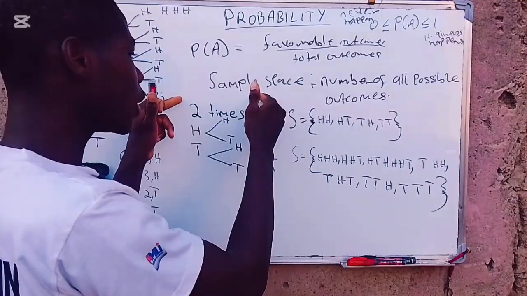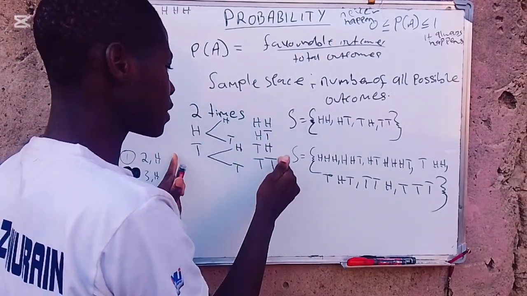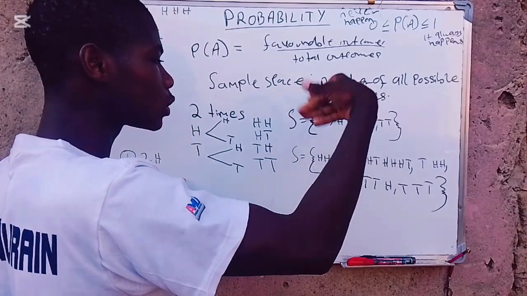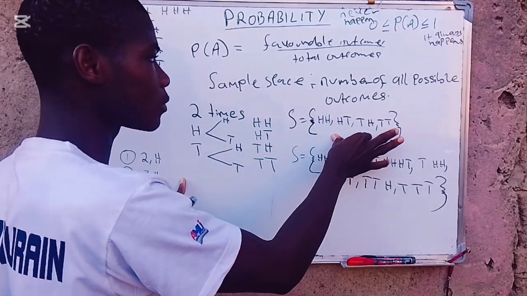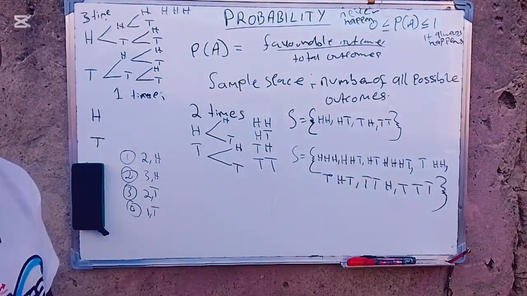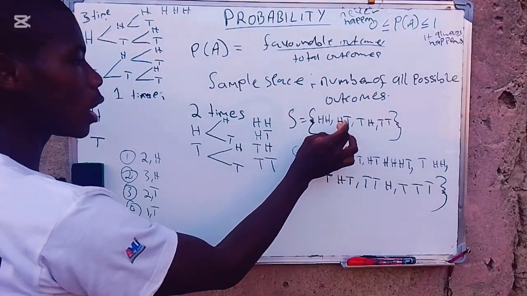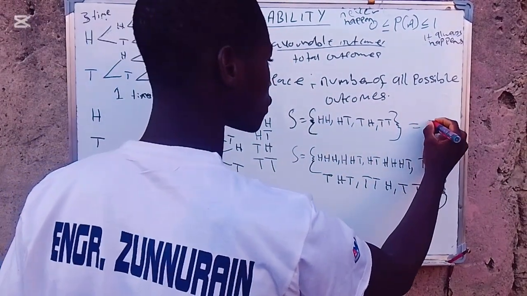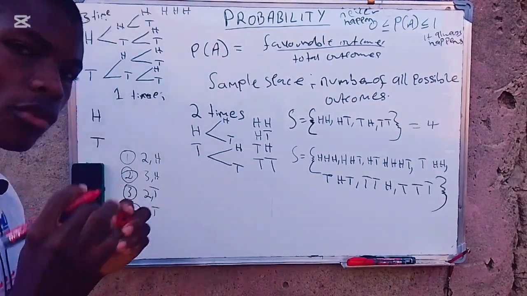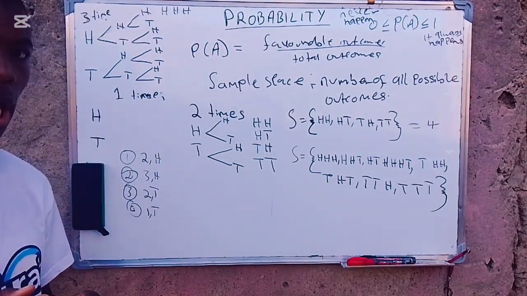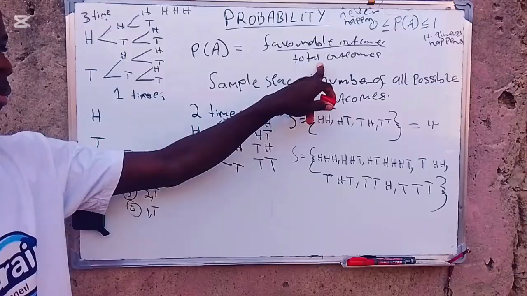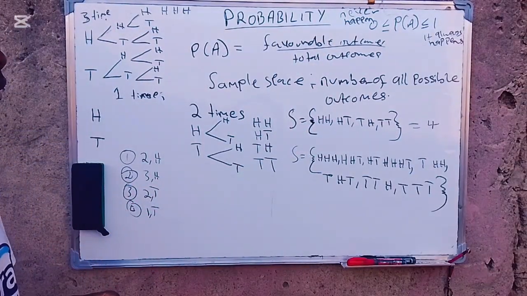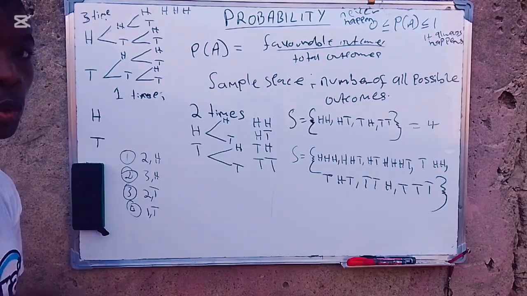Then you pick your total outcomes, all the possible outcomes that you have. I have 1, 2, 3, 4. So my sample space is 4. The total outcomes in flipping a coin 2 times are 4.